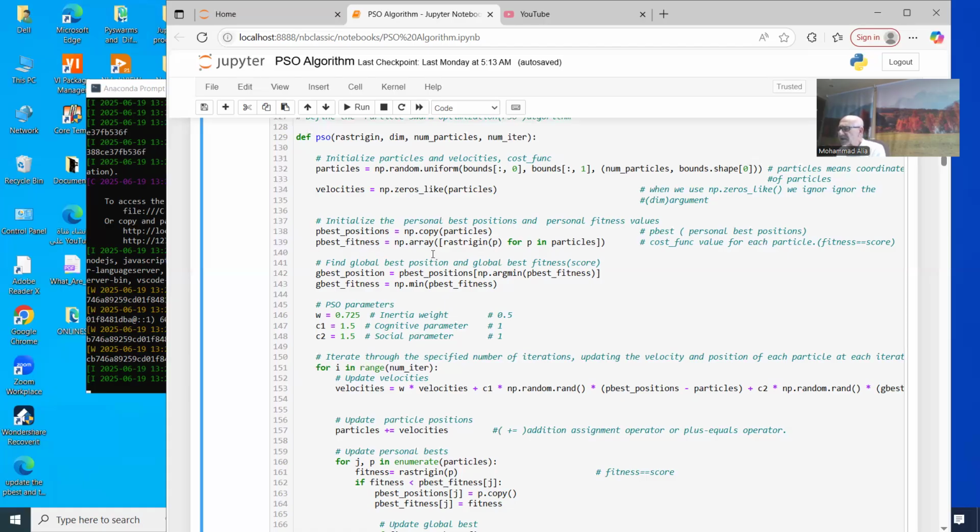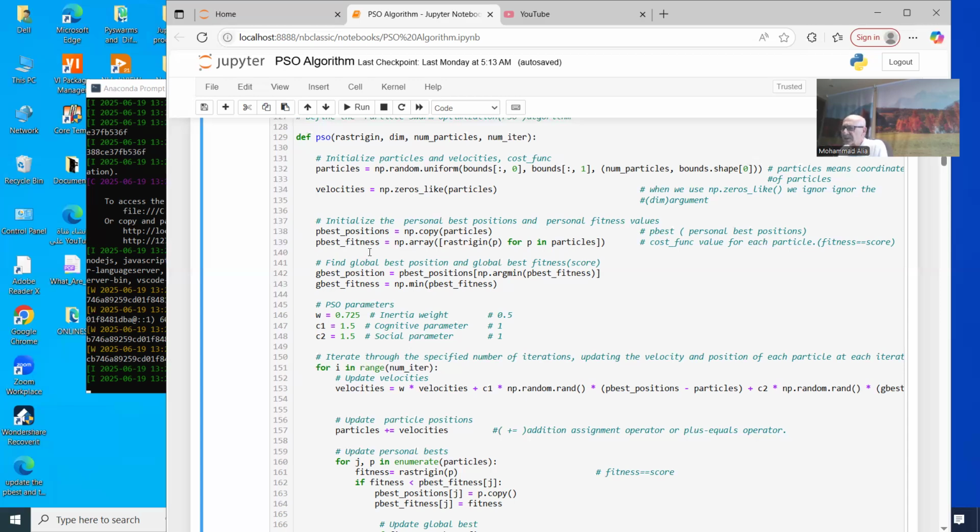So really it is an array of Rastrigin function, which is the objective function, of particle p for p in particles, and for every particle in the particles array we substitute in the Rastrigin function the coordinates of it, and we get a value which represents the personal best fitness.